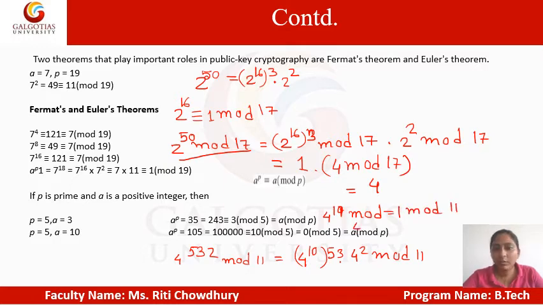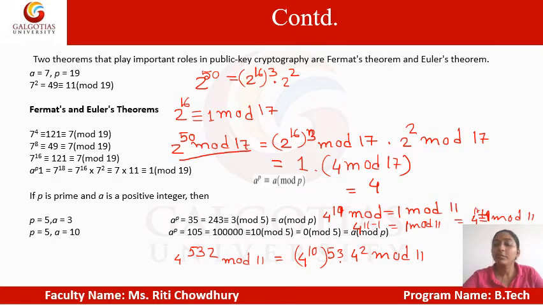So what we know is that 4 to the power n minus 1, that is 11 minus 1, 4 to the power 10, will also be 1 mod 11. So sorry, 4 to the power 10 is congruent to 1 mod 11.